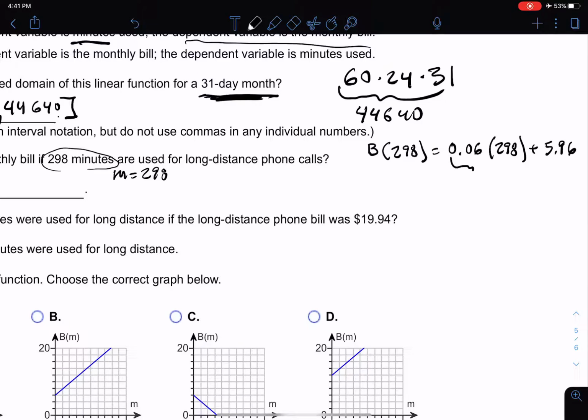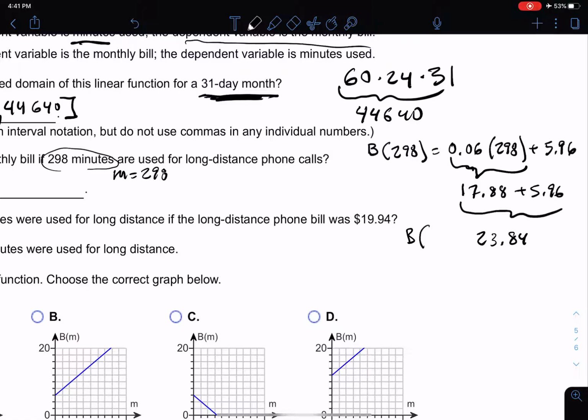We multiply first, and when I multiply that, I get $17.88. I need to add that to $5.96. I add those two together and I get $23.84.